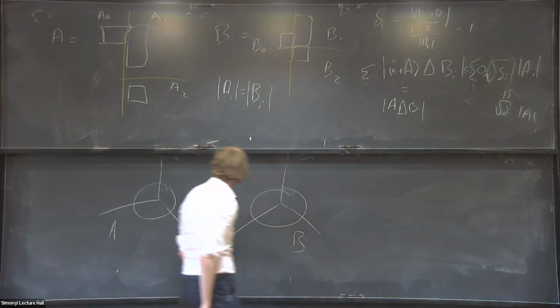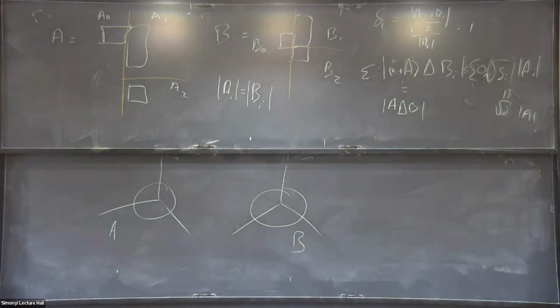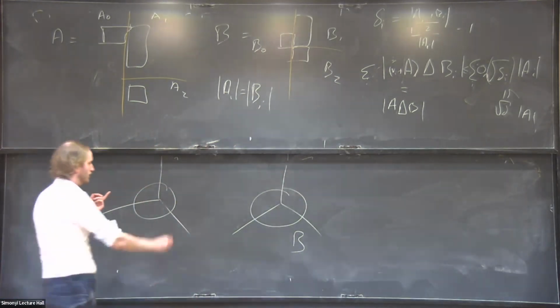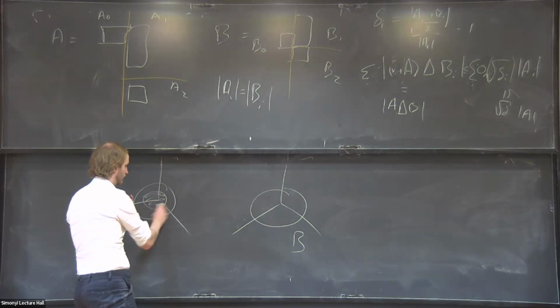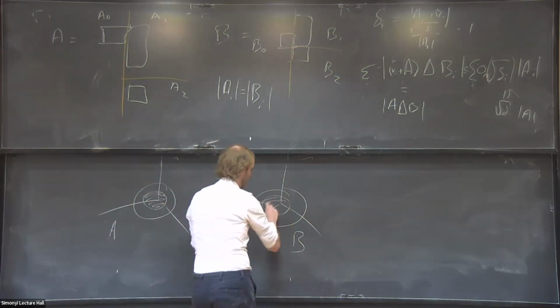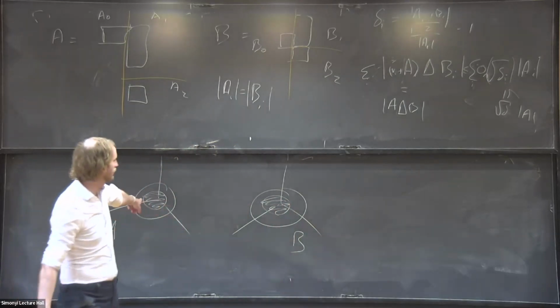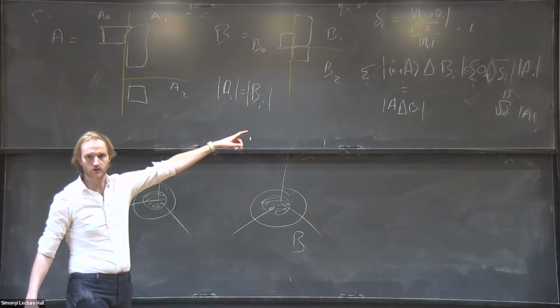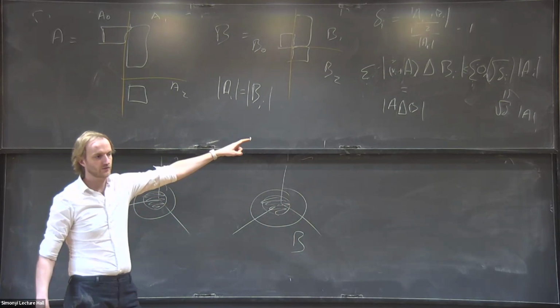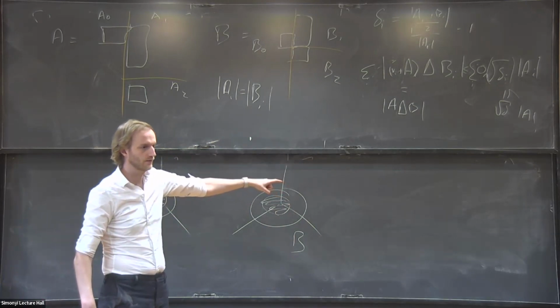Cut my sets with parallel cones. And now, because I know that my set is already quite convex, let's say I may assume that there is this ball in the middle that is contained in both. If I can now prove this result in each of the regions, this translation must actually be the zero translation.